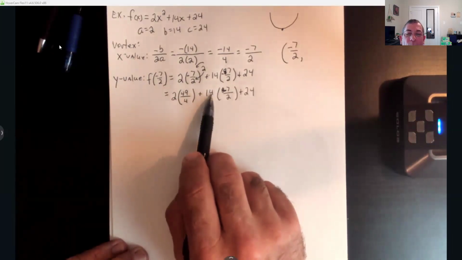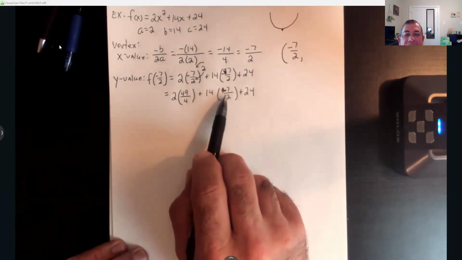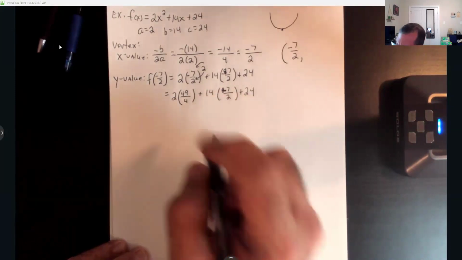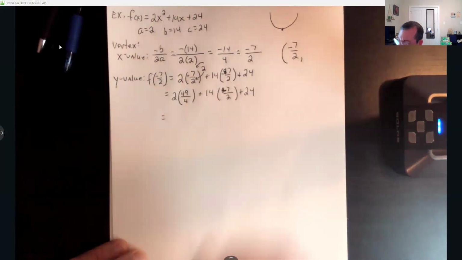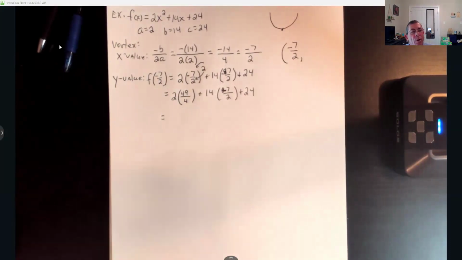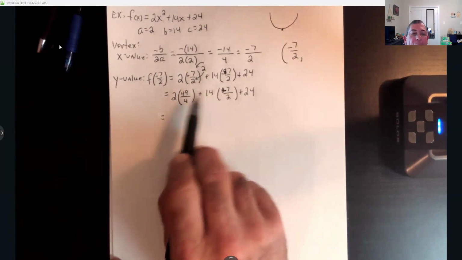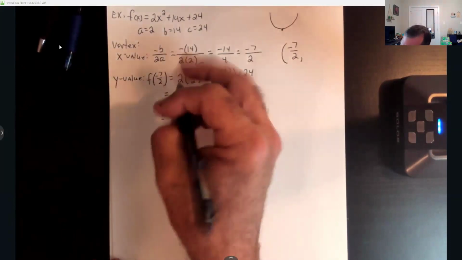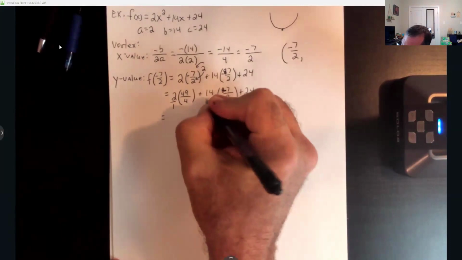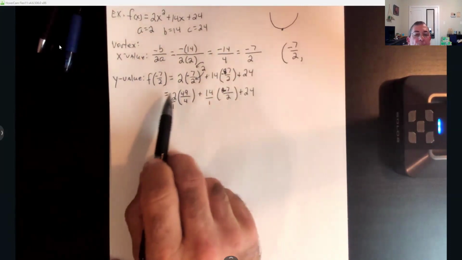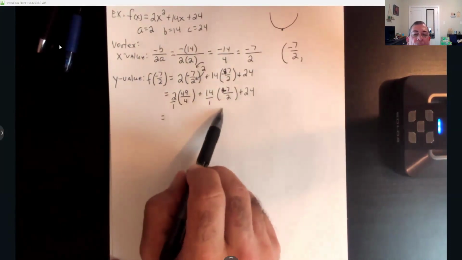So now I brought down my 14 times my negative 7/2 plus 24. All right, so all I'm going to do now is multiply this and this. Now, when you got a whole number times a fraction, you can put a 1 under the whole number so that you multiply straight across.